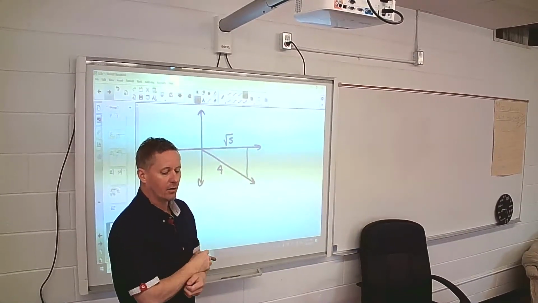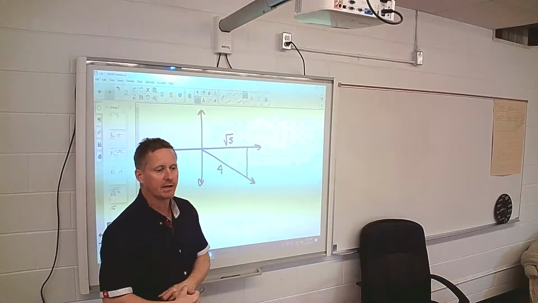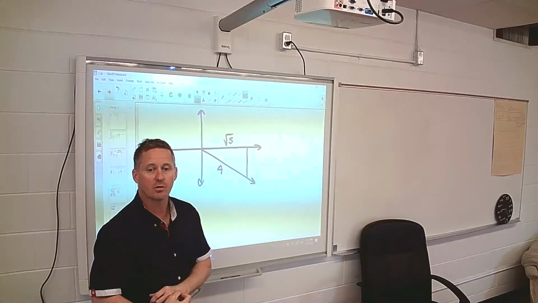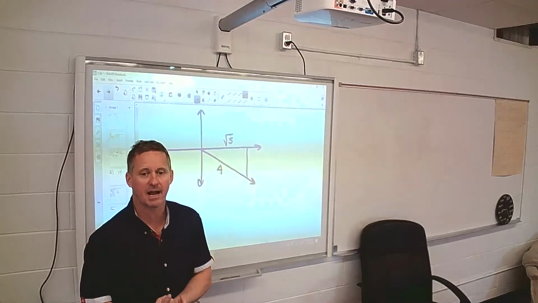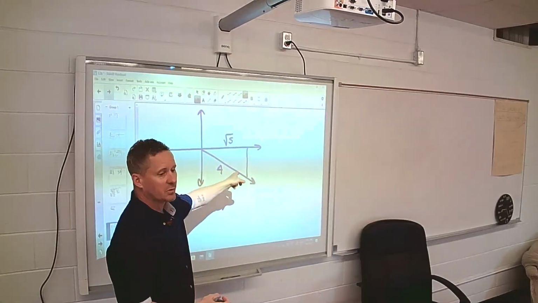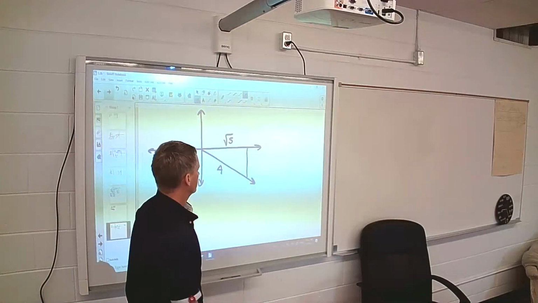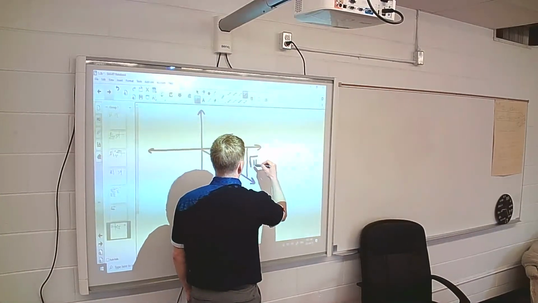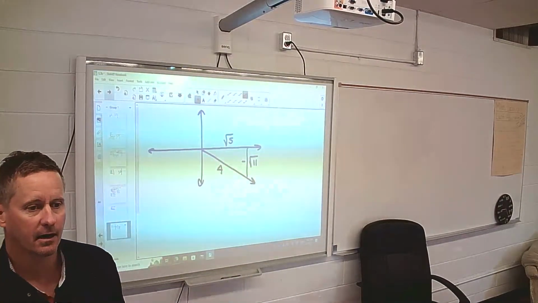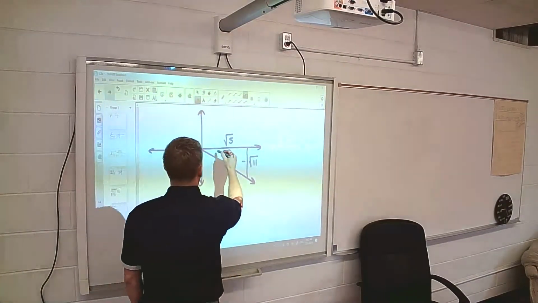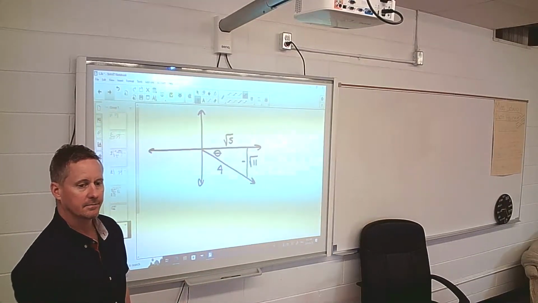Reese did it by going root 5 over 4 squared plus y squared equals 1 squared. That's okay. The problem is you got to make sure you know your signs. But doing it this way, 16 subtract 5, this is root 11. Using Pythagoras' theorem. What is the sine of theta here?